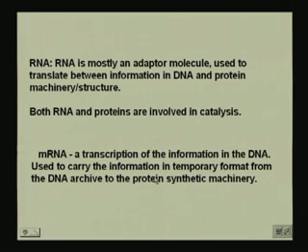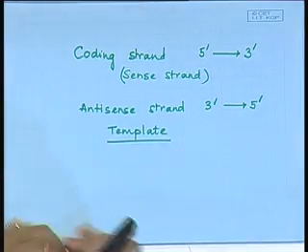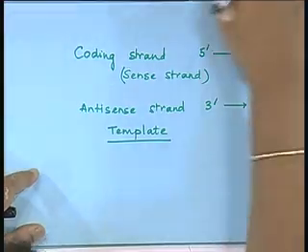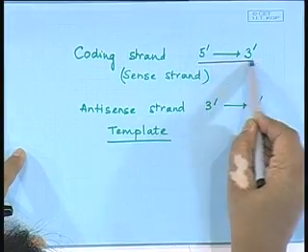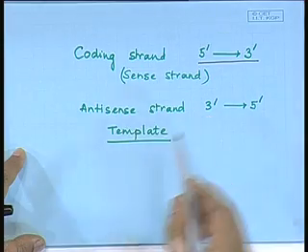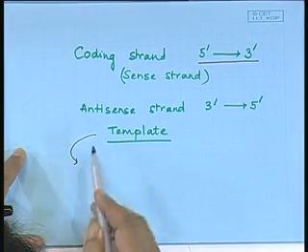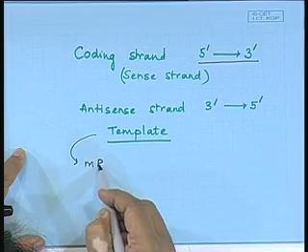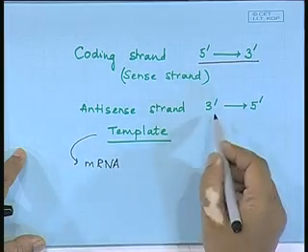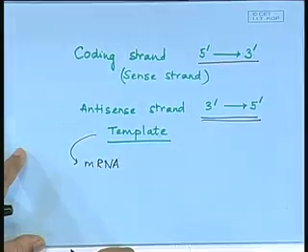If we look at the previous thing that I was showing you here, this coding strand, suppose we have this from 5 prime to 3 prime, the antisense strand, which is the template strand, which is used by mRNA, is the 3 prime to 5 prime strand.